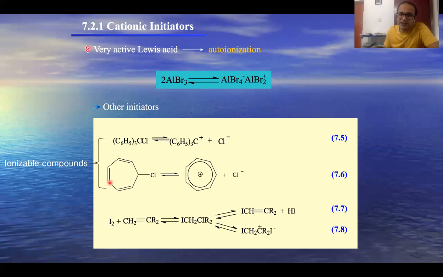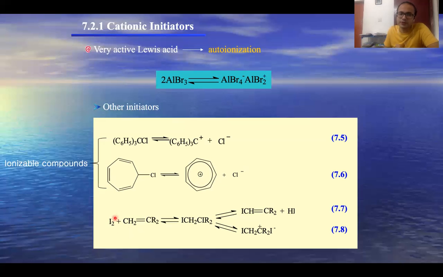In the same way, we have tropyl chloride, which can form tropylium ion, which we know is a 4n+2 system. So it's highly possible to form such species, and in the process Cl minus is generated and they can act as an initiator.